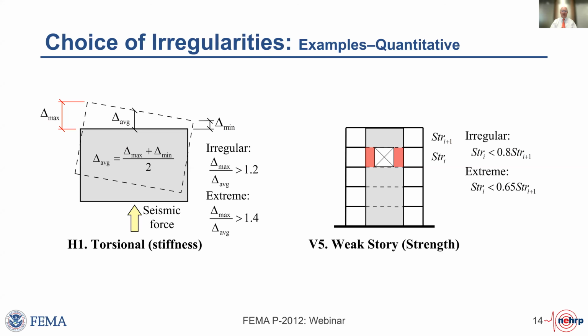For instance, you see on the screen, torsional stiffness irregularities can be quantified, and they're the way that we understand whether we do or don't have that irregularity. Similarly, with weak story irregularities, there are strength metrics that can be used in order to help us identify and then perhaps address the irregularity.